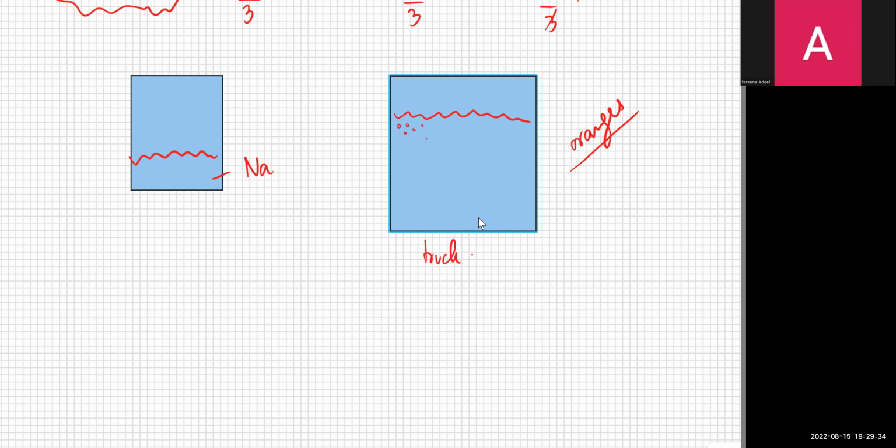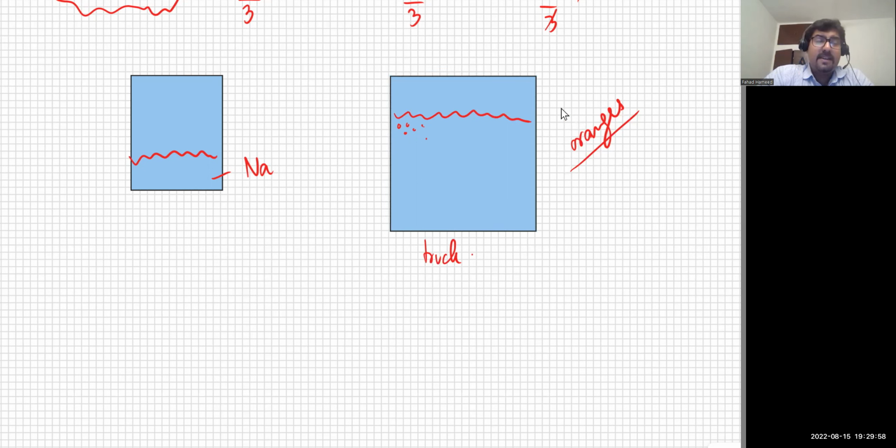Counting small things is easy, you just count 1, 2, 3, right? But if something is in a very large quantity, it's very hard to actually count. Is that clear? Yes, sir. Okay, so we've got a problem now. So what's the solution? How do you count things that are in such large quantity?